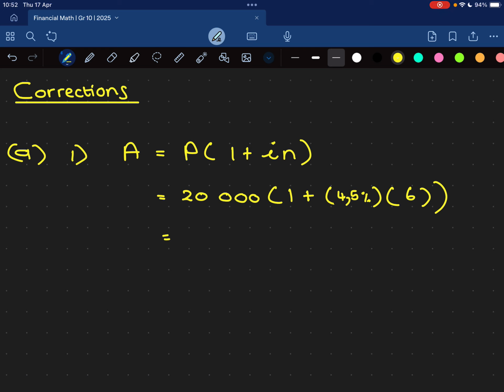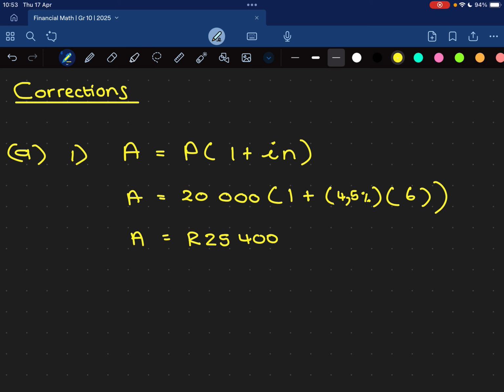Okay, so you'll put that whole thing in your calculator and you'll get the amount A to be equal to 25,400. Notice it says that you must calculate the accumulated amount after 6 years and the total interest he will receive.